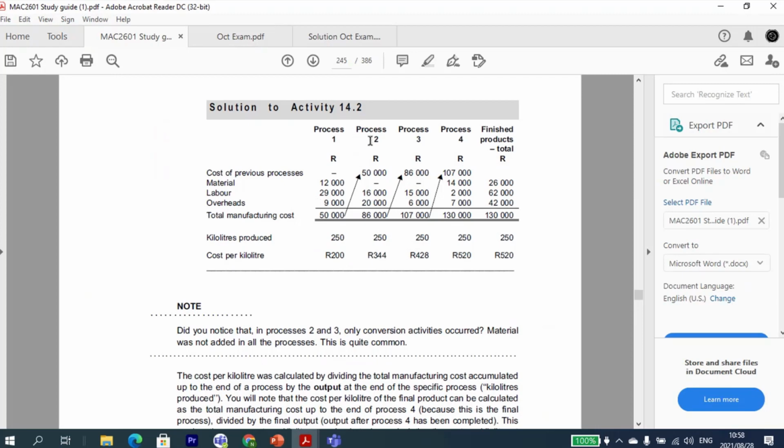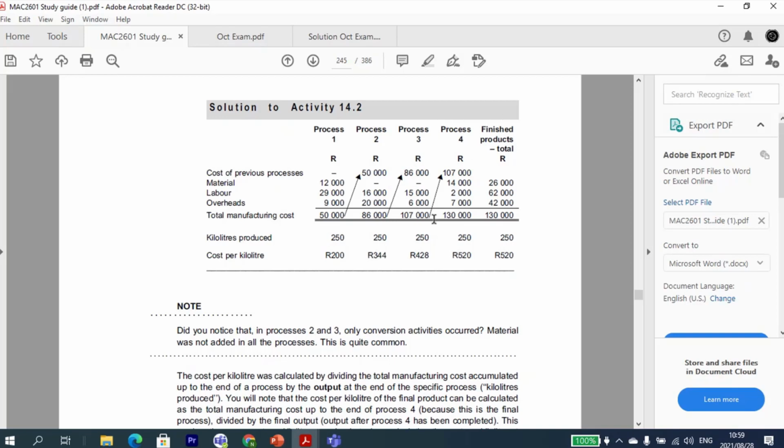However, when you are moving to process 2, you need to take the total manufacturing cost from process 1 into the next process. Then you get your cost for that specific process. Why? Because it might be that things do happen where you have to finish off your process by process 2. You need to know how much it has cost me so far. Then if you're fortunate to continue, you take the cost from the previous, you add it to the next.